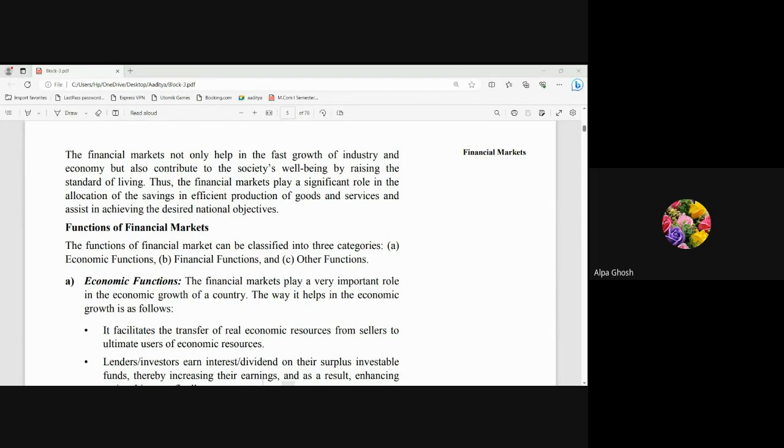Lenders are the institutions or the individuals who have surplus funds. The surplus is against the savings. They lend their savings to the financial institutions, and these financial institutions then grant or lend the money to the borrowers.